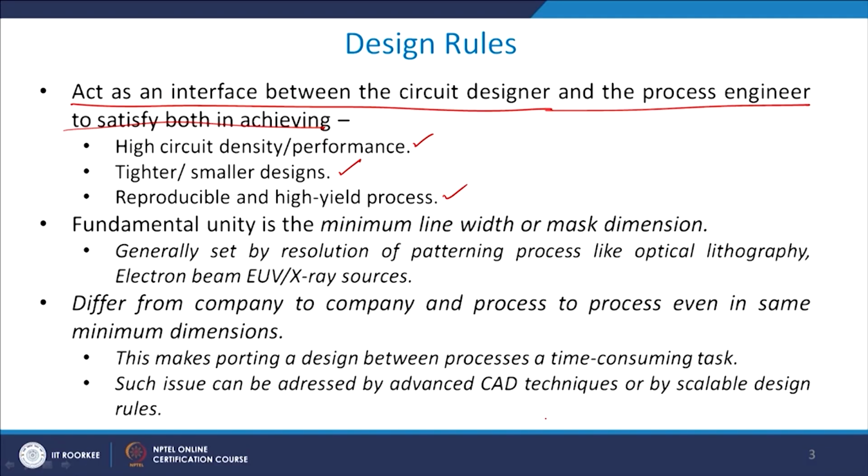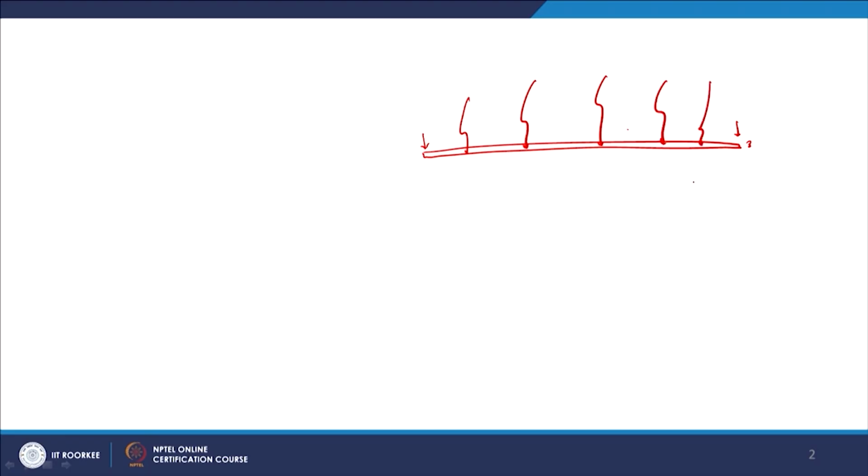Now, the fundamental limit, or the fundamental unit, is the minimum line width or the mask dimension. So, this is very important. As I discussed with you in the previous slide, if you have a mask, and the mask has an opening like this, then you can understand that this much mask with this much opening will be responsible for all the photolithographic rays to go through, and as a result you will have an etching available with you.